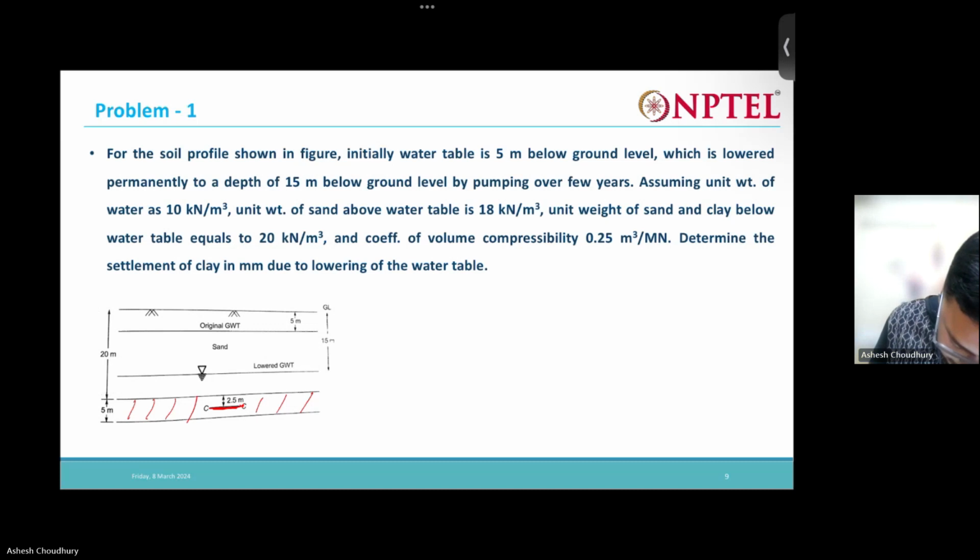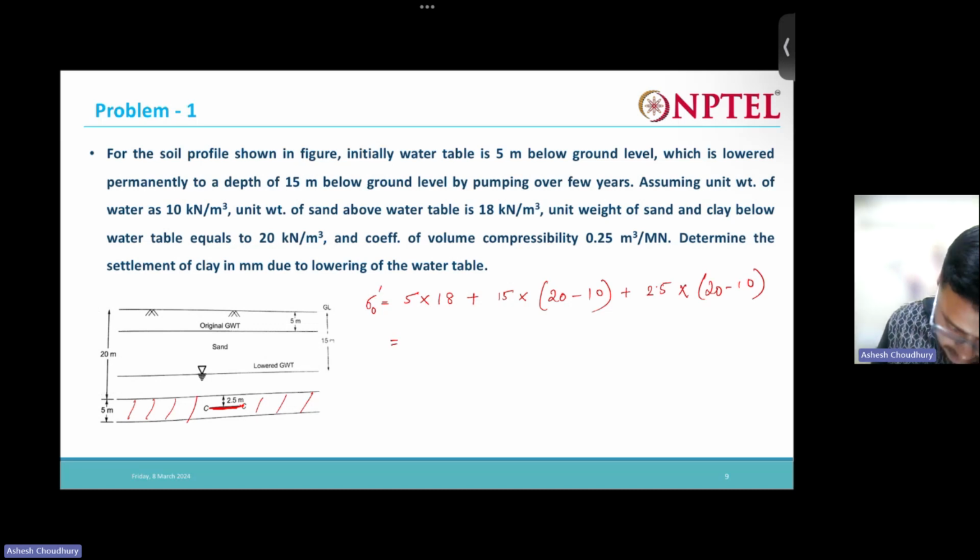Initially, let us calculate: 5 into what is given above the water table, it's 18, right? 18 plus 5, then we have 15, so this is 20, so this will be 15 into 20 minus 10, that is the submerged unit weight, plus 2.5 into 20 minus 10. So please calculate this.